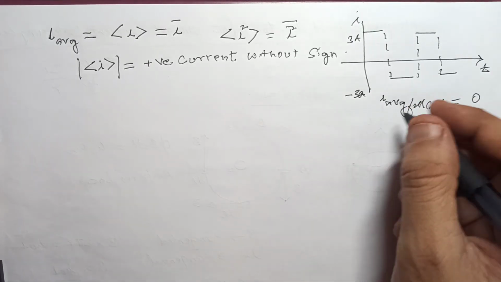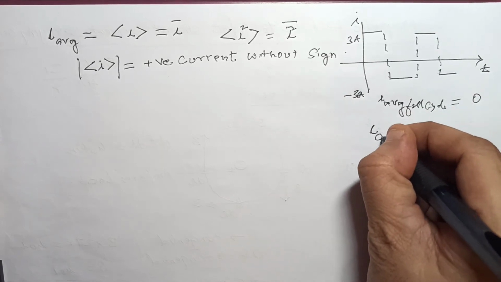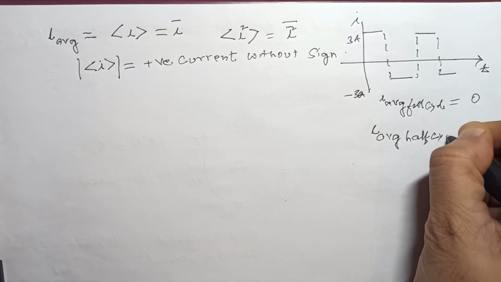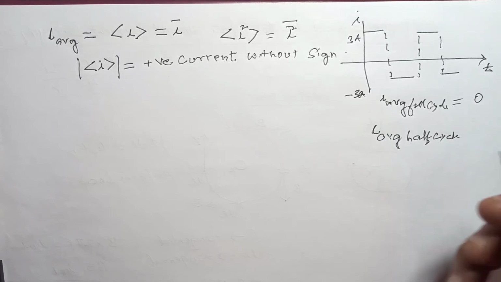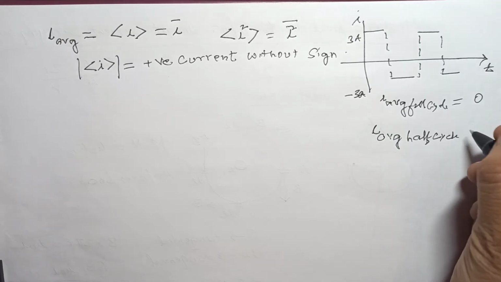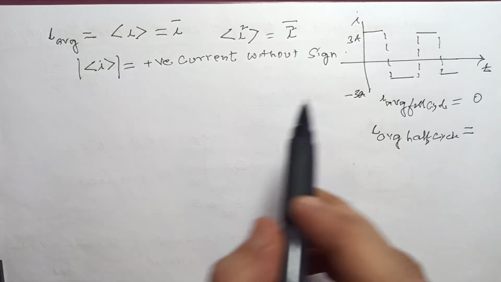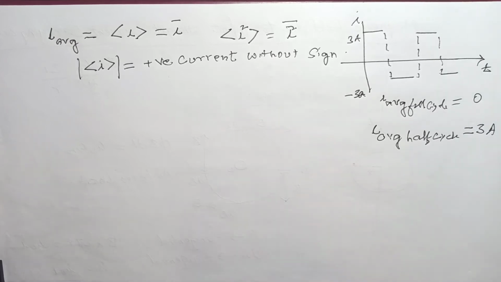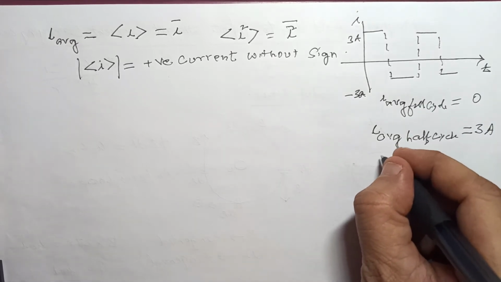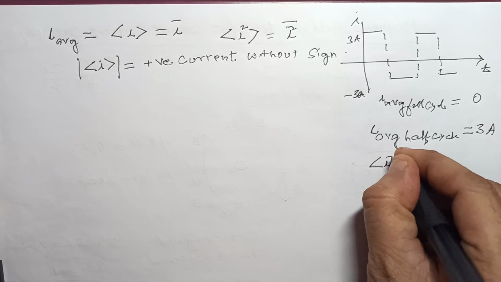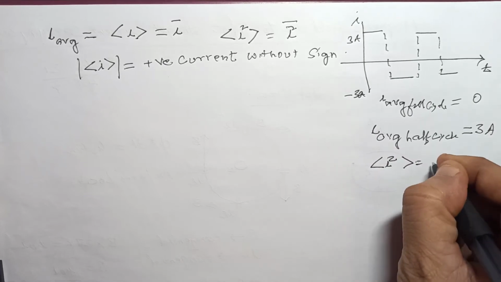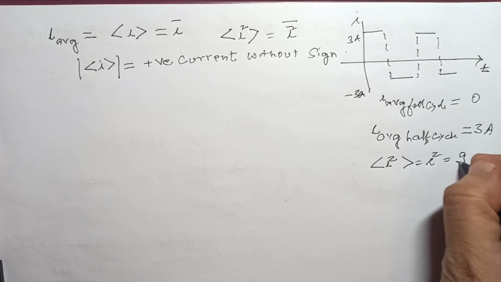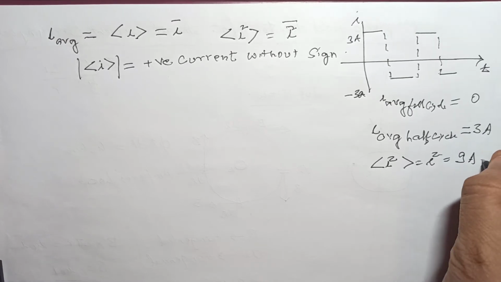Correct. Now if someone says what is the I average of half cycle, then basically I average of half cycle is what? We have this, so it's 3 ampere. Okay. Now if someone says what is the average of I square, so this is nothing but 9 amperes.